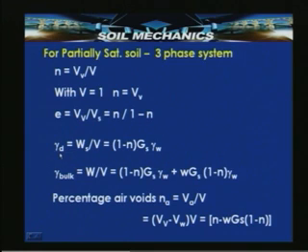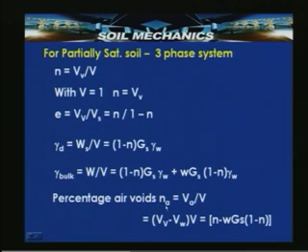From the previous deduction, gamma d is equal to Ws by V, which is (1 minus n) Gs gamma w by 1. So gamma d appears as (1 minus n) into Gs gamma w. Gamma bulk, total weight divided by volume, is the weight of solids plus weight of water divided by volume, which is 1.